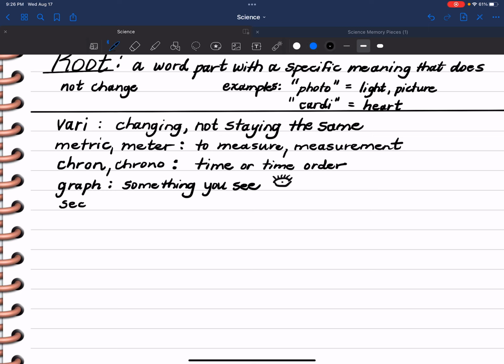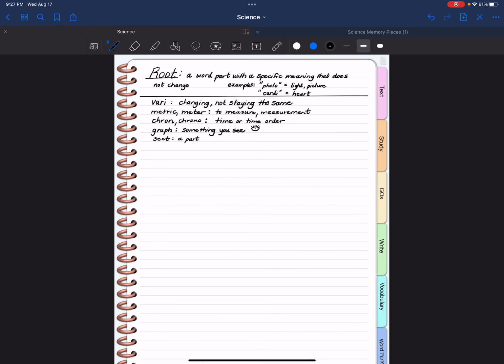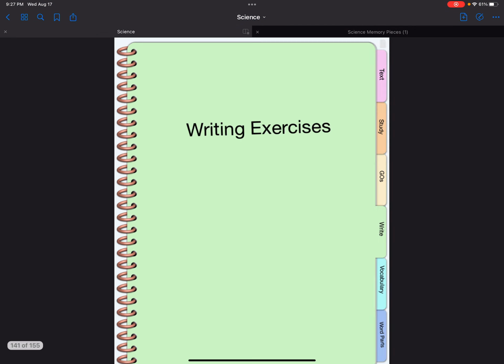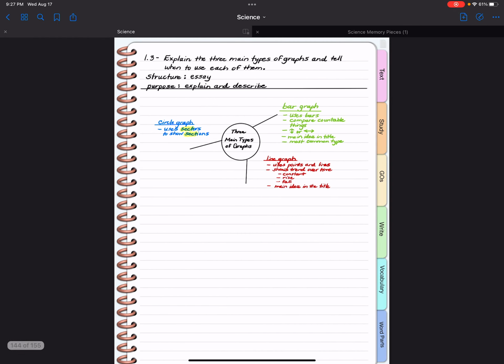Sect. S-E-C-T. Means a part. A section. A sector. Those are parts of a whole. So when you find those word parts, go ahead and write them down. That's why we have that section in our notebooks. Okay, sorry about that, but back to writing.